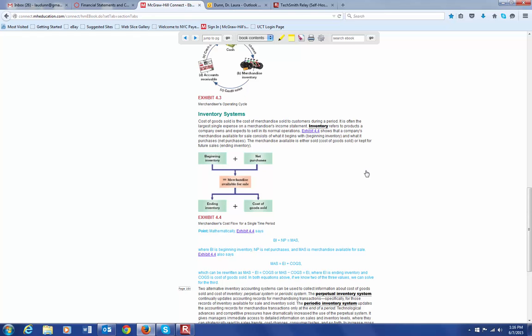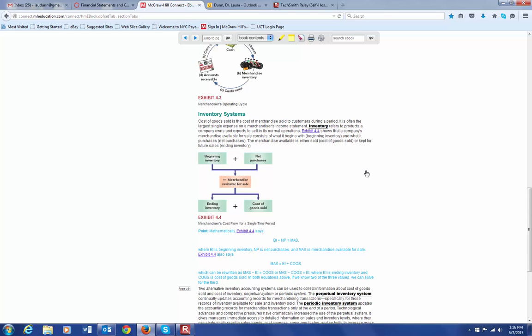In a particular period, as I said before, you're going to usually have beginning inventory because you don't always go down to no inventory on hand. You don't generally do that. So you're going to start with your beginning inventory amount. You're going to add to that any purchases of inventory in that particular period. So that gives you your merchandise available for sale.